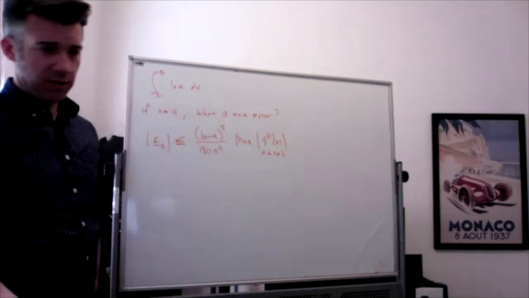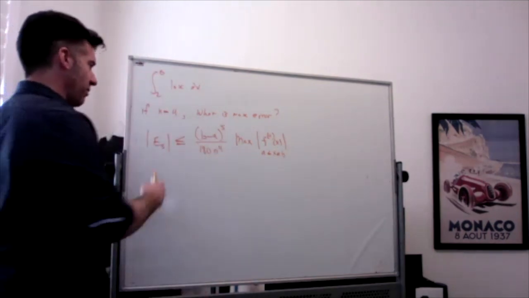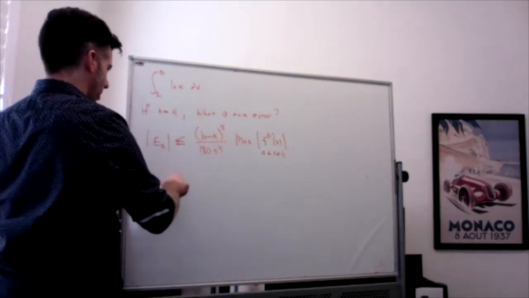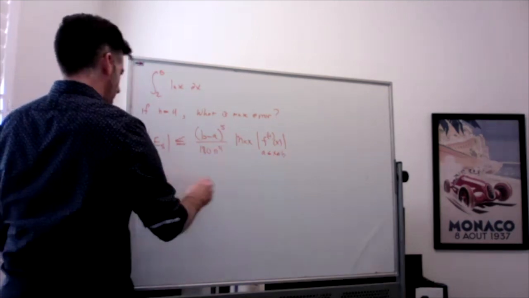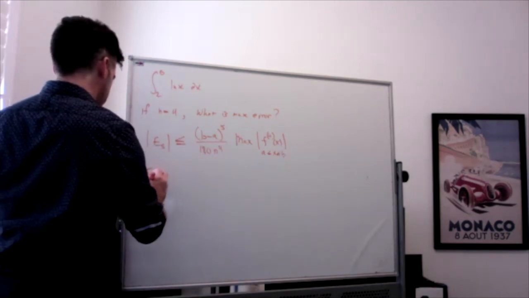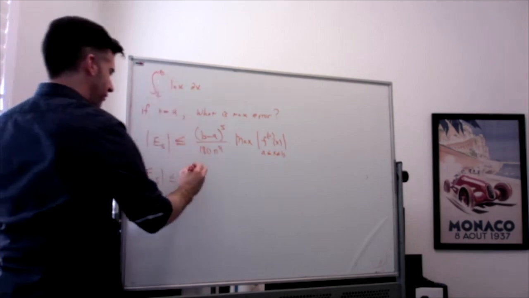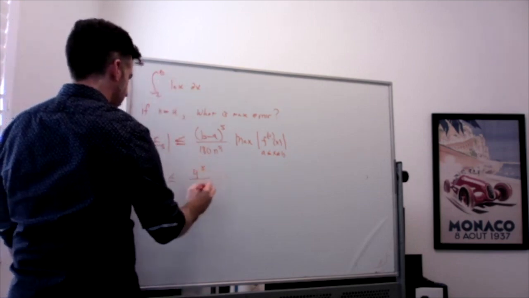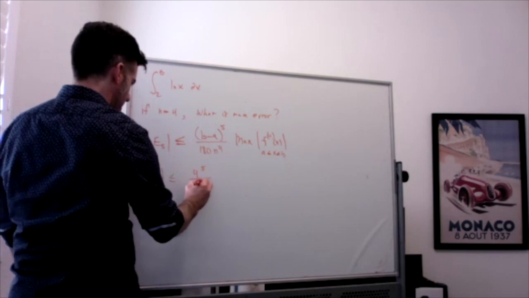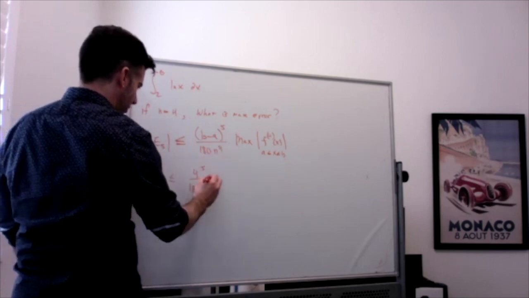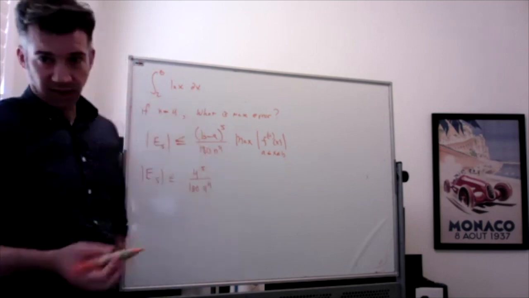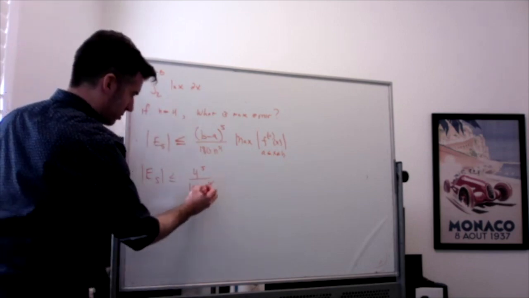That's quite a formula. So if we do this, the error is less than or equal to (b minus a), so 4 to the 5th, divided by 180 times 4 to the 4th. That's convenient because a lot of those 4s will cancel out.